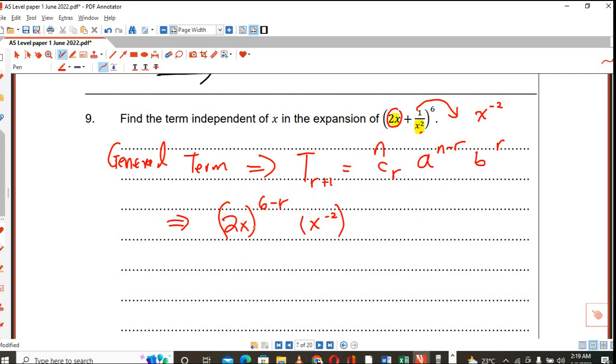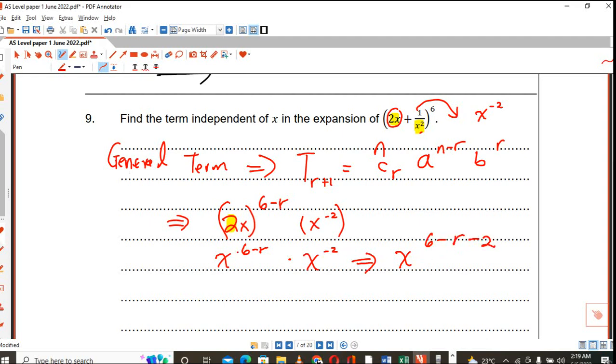And if I clean this up, again, I do not want to work with the constant, so I'm going to leave that constant term out. So I'm going to have x to the power 6 minus r times x to the negative 2 power. If you're familiar with the rules of indices, it's going to be 6 minus r minus 2.